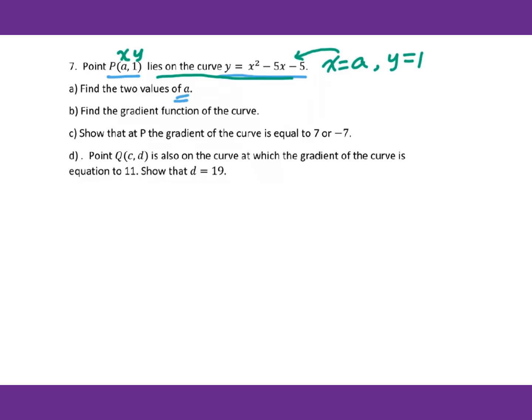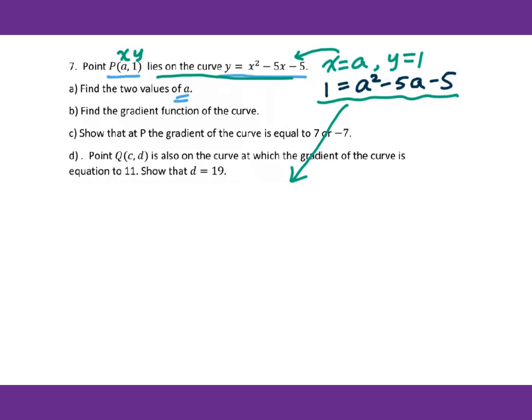You will get 1 equals A squared minus 5A minus 5. Then we will solve this quadratic equation. For the quadratic equation, you can use an equation solver, or we can just do it by factoring.